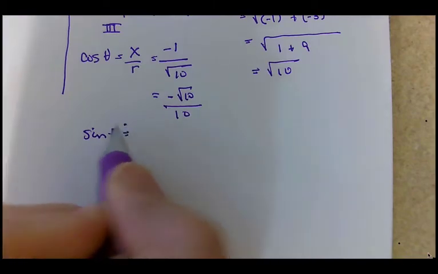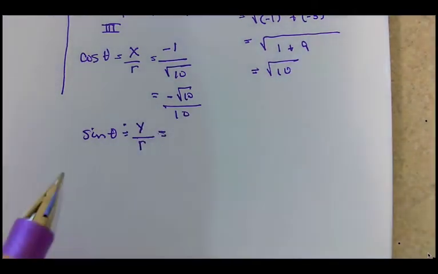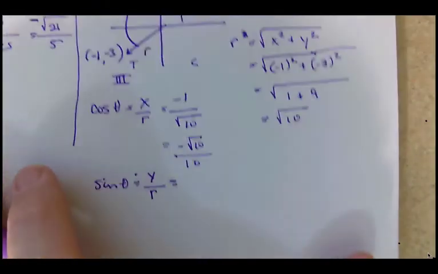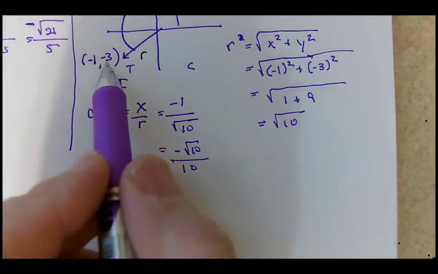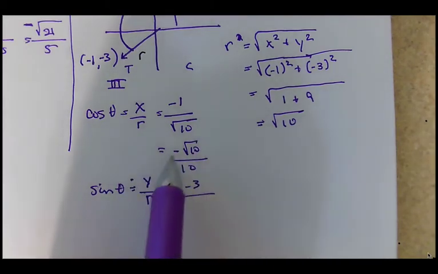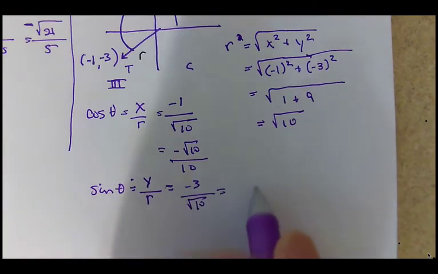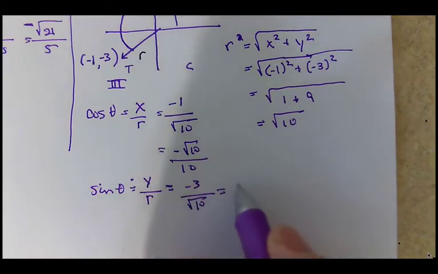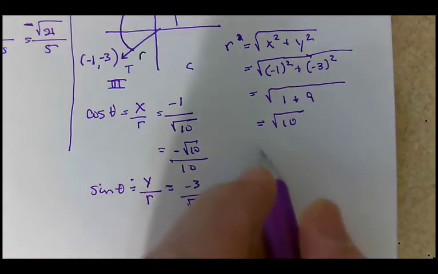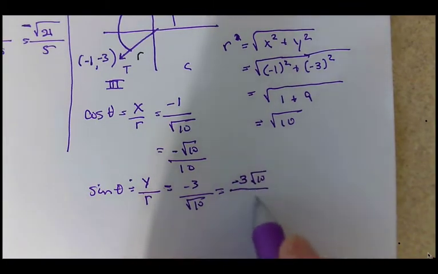Sine of theta is equal to y over r, negative 3 divided by r. My r in this case is the square root of 10. Need to go ahead and solve for that. Multiply both sides by the radical. We have a negative 3 square root of 10 over 10.